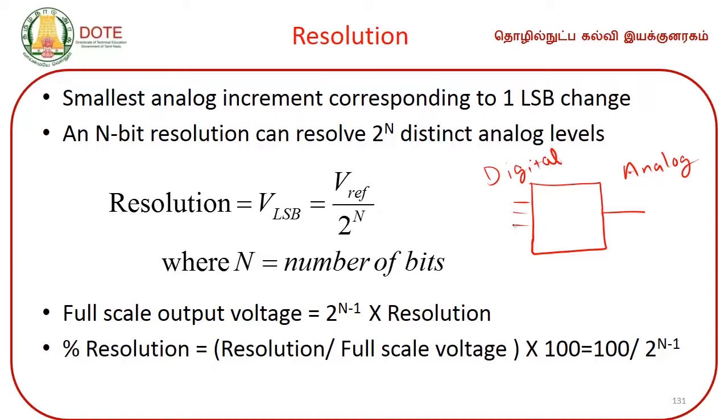For example, there are 3 bit inputs and an analog output.